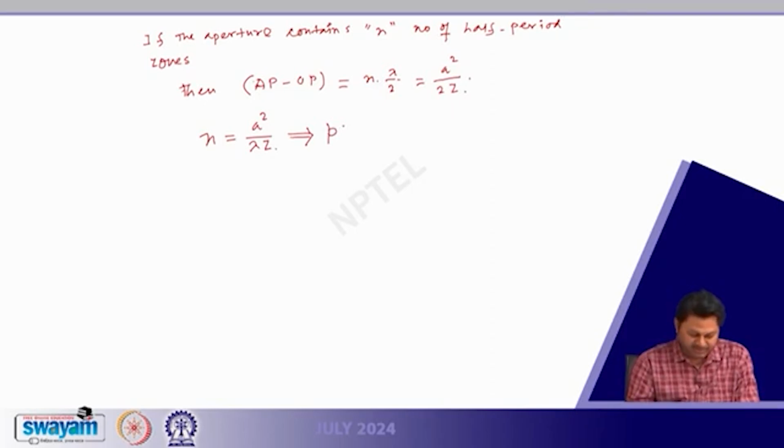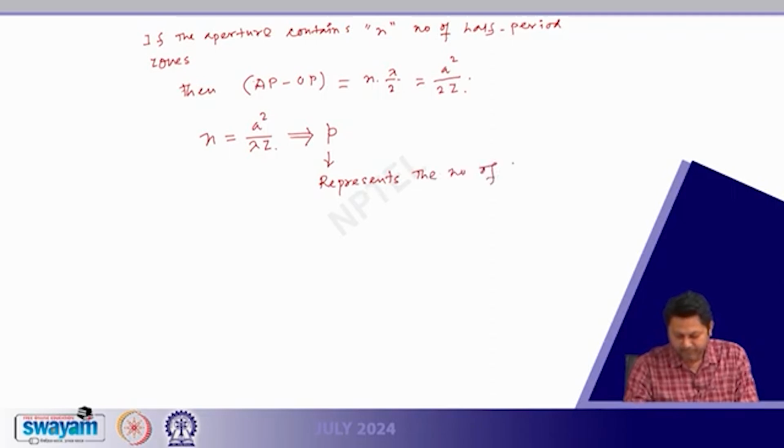So what we get from the previous calculation is that P essentially represents the number of half period zones contained by this aperture, whatever the aperture we have.